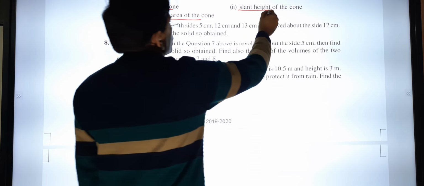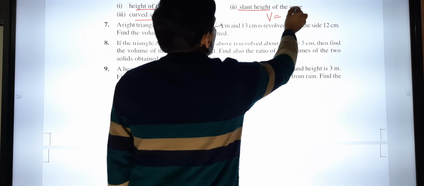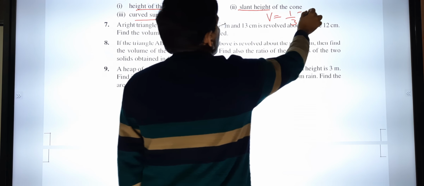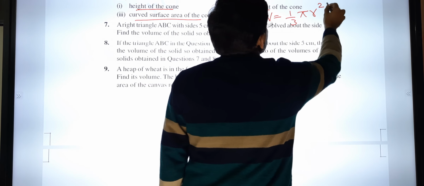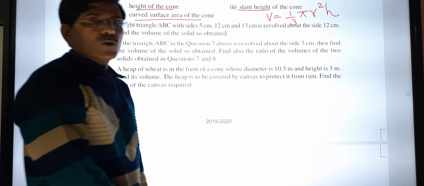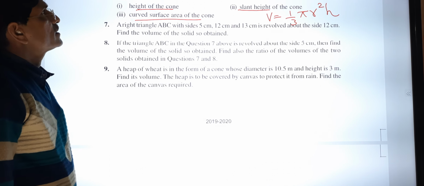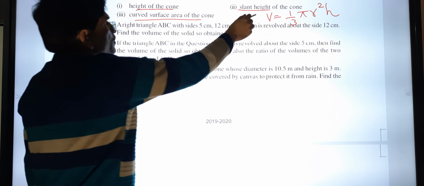So we know the formula, that is V is equal to 1 by 3 pi r square h. Here the volume is given.